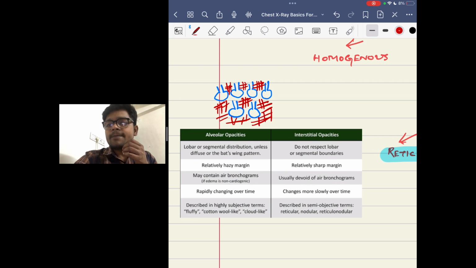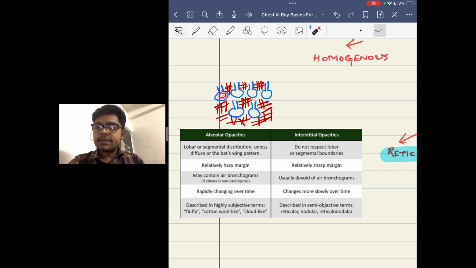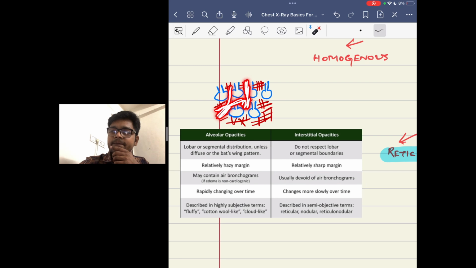So your opacity can form either here in the alveoli in the form of exudate, secretion, blood, mucus, or maybe in these areas highlighted in red. So this area is that of the interstitium.